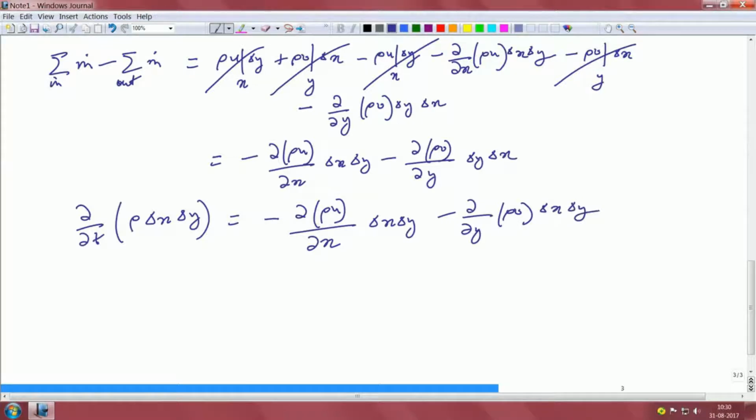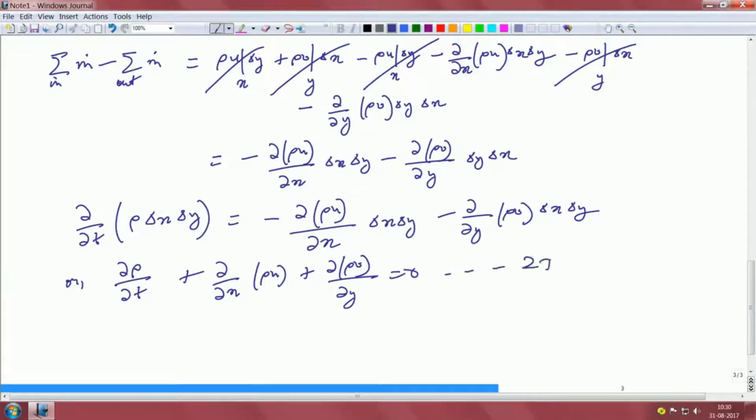Now if you transfer the terms on the right hand side to the left hand side, and take delta x and delta y out, you will find this expression takes this nature. This is strictly in 2D.